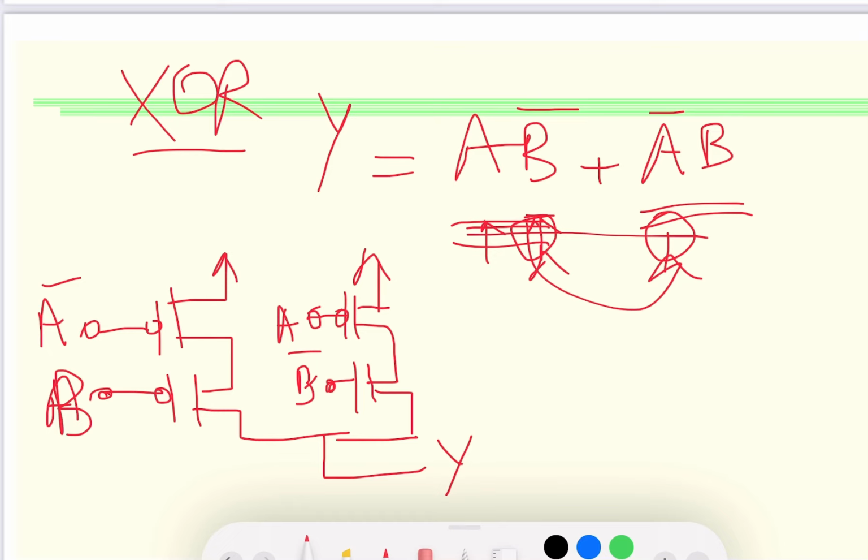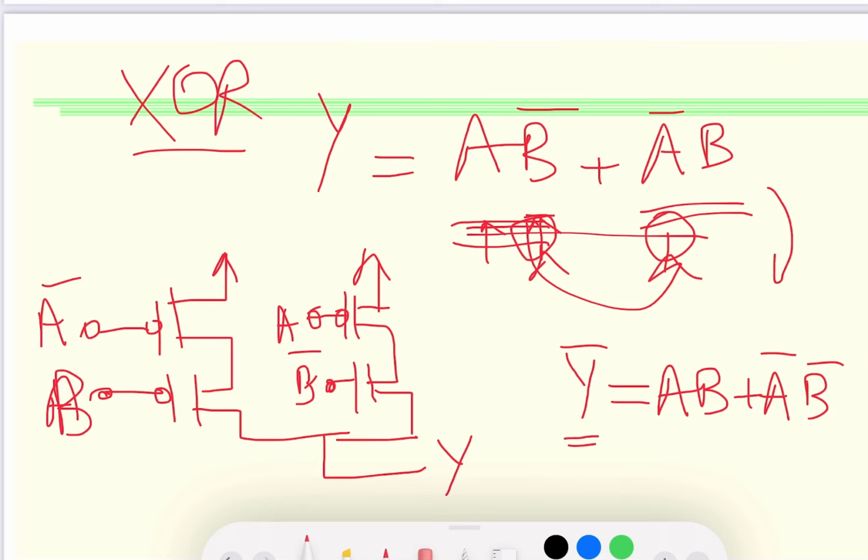But now we could also play with the Boolean algebra, and we can get Y complement equal to AB plus A complement B complement. So this is then the pull-down network version of XOR, but now we are presenting it in terms of Y complement.